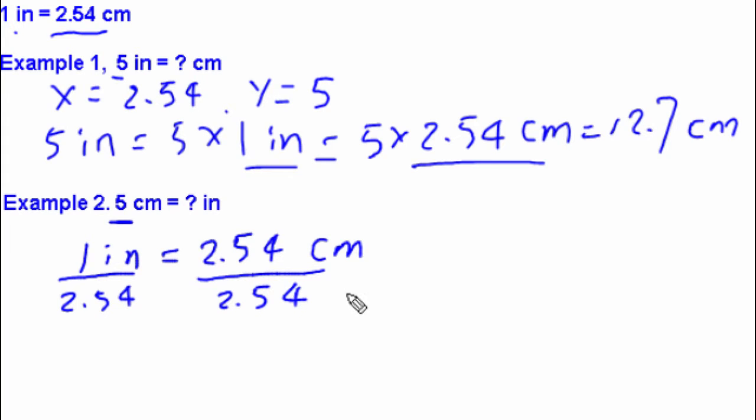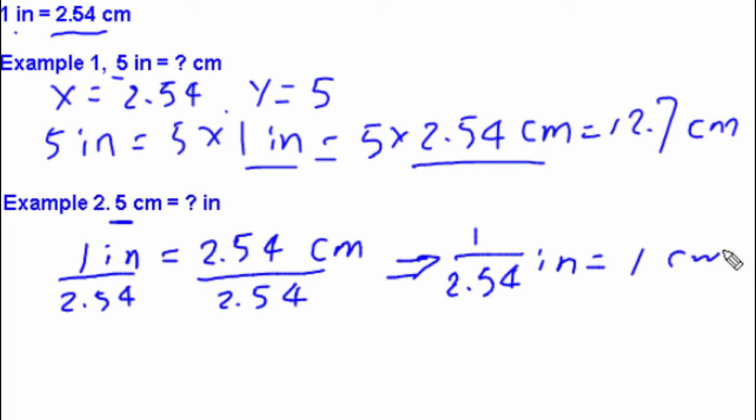On the left side of the equation, I'm going to have 1 divided by 2.54 inches, and that's going to be equal to 1 centimeter. Because this is an equation, it does not matter whether I write things on the left side or the right side. So I have 1 centimeter is equal to 1 divided by 2.54 inches. There you go.